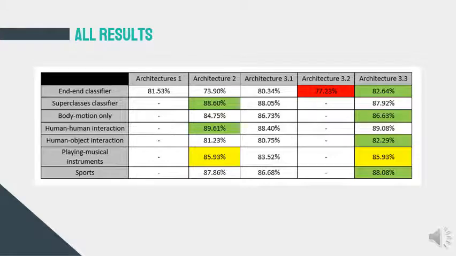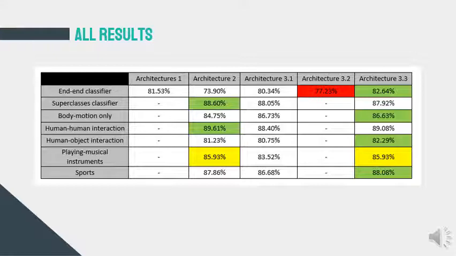In this slide, you can see a summary of our results from all architectures in terms of accuracies. We can see that the third approach in the third architecture has the best overall performance, beating the baseline, especially in the end-to-end.